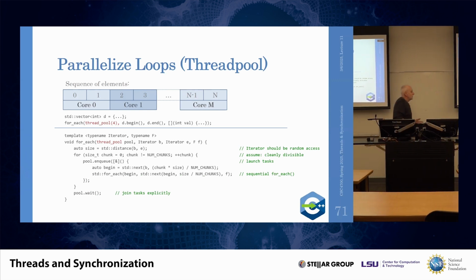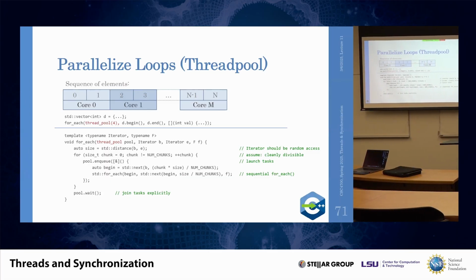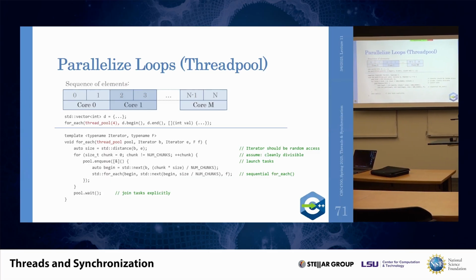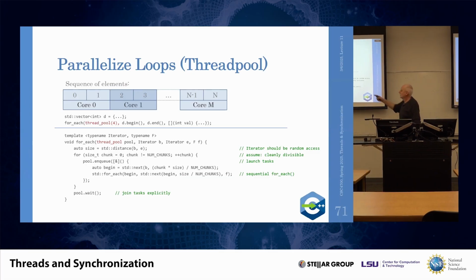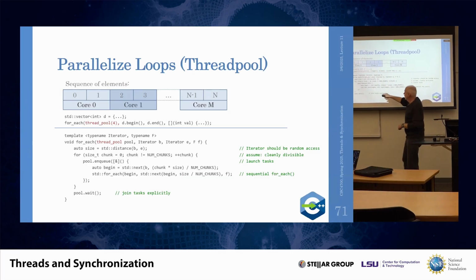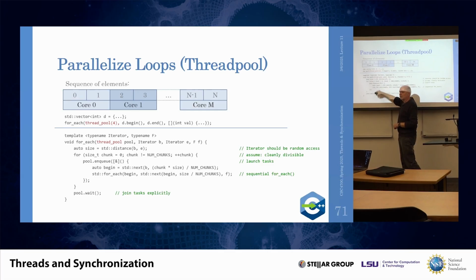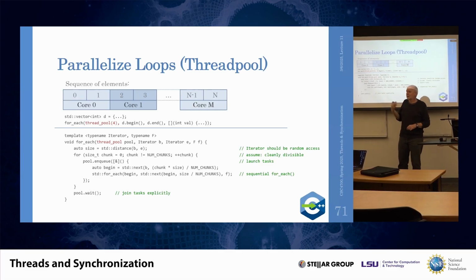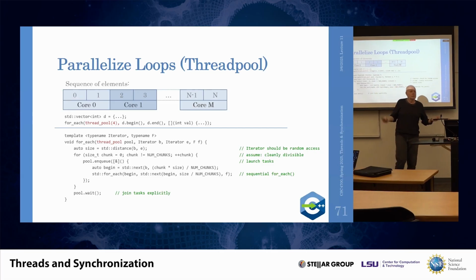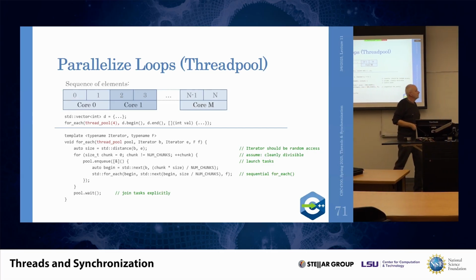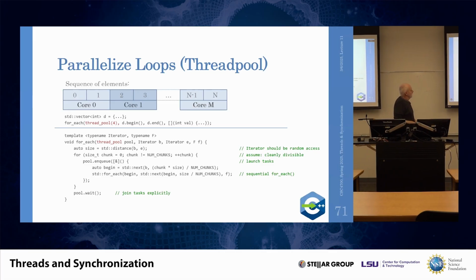The only thing that is additionally here, which I have not shown in the code before, is that you have to add a wait function, which makes sure that you exit the for each only after all the tasks that have been enqueued have finished working. Otherwise, you will change the semantics of for each, and there might still be things running, even if for each has exited. Cool.